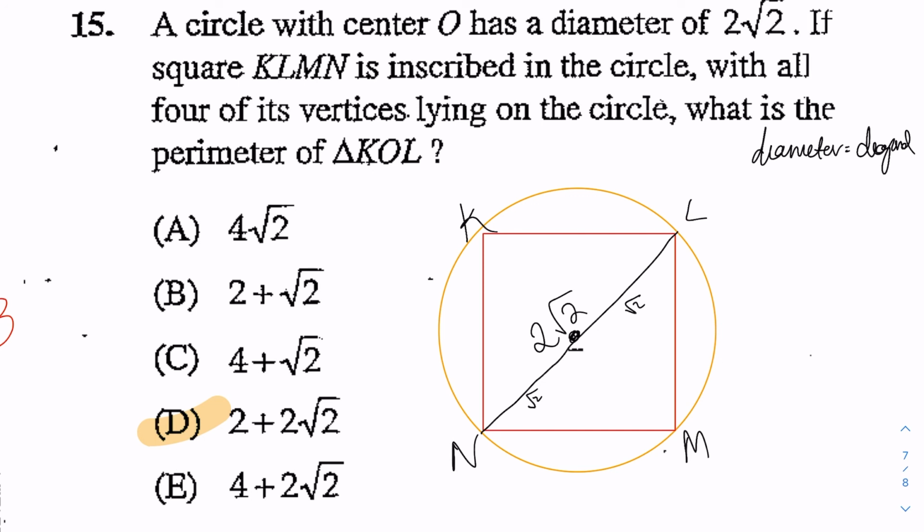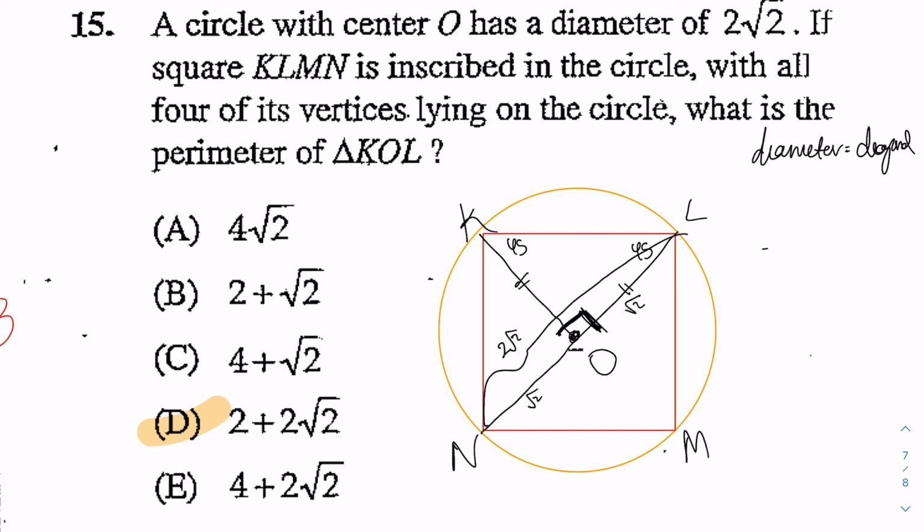So KOL will be one of these 45, 45, 90 triangles. Remember, the diagonals bisect each other and they're perpendicular because it's a square. And it turns into a 45, 45, 90 right triangle.